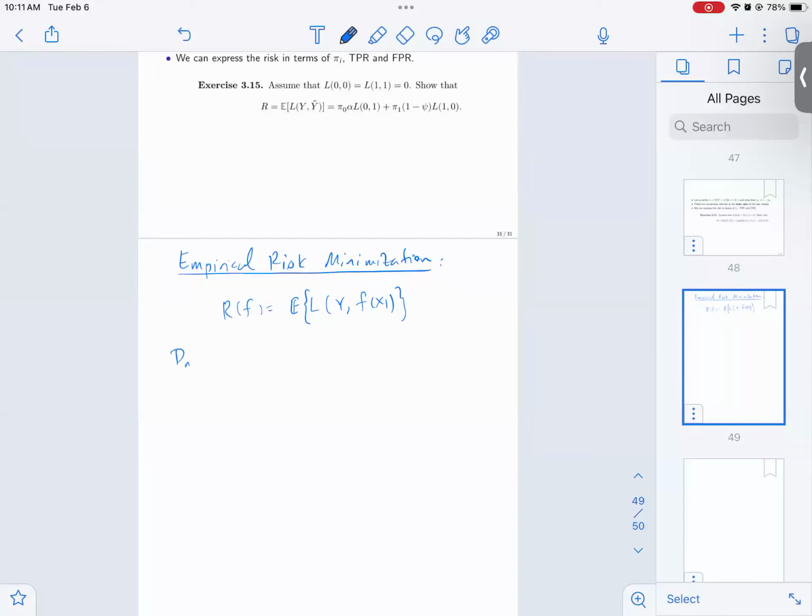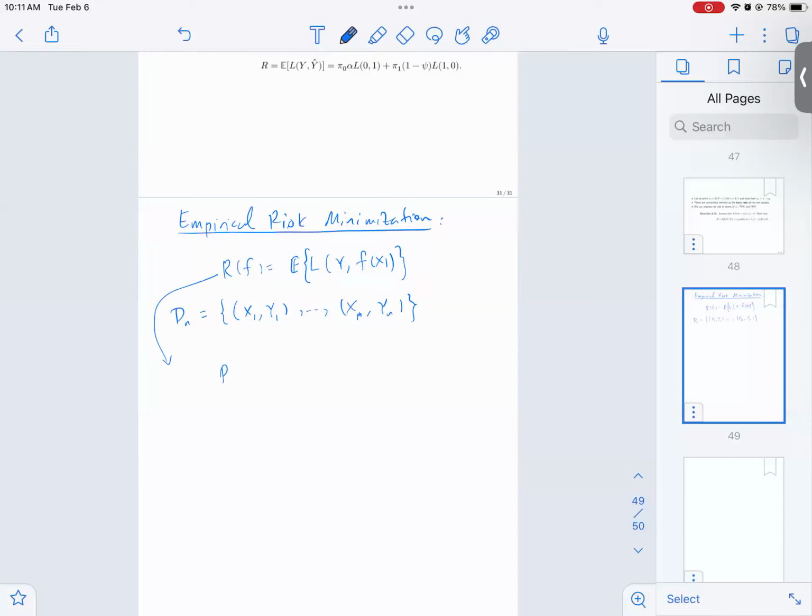So suppose I have training data, x1 up to xn and y1 up to yn. What I can do is approximate this risk by the empirical version. We're going to call this R hat, which I also called R of training, if you remember. It is 1 over n, sum over i from 1 to n, of L of yi, f of xi. So I can evaluate this expectation as an average.